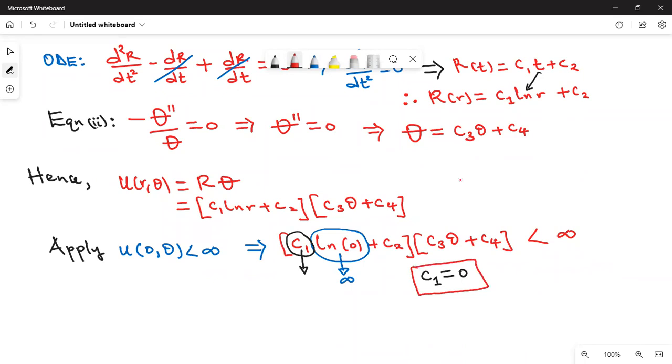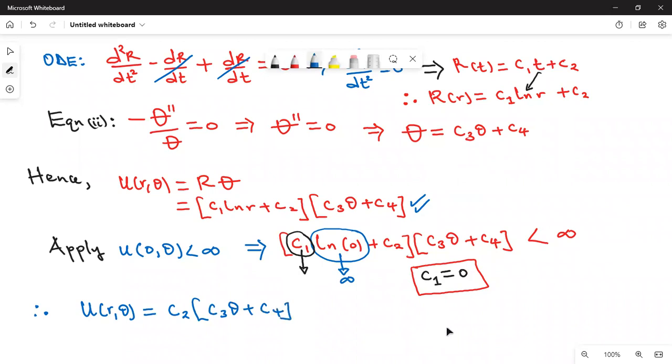So therefore, if we now replace it here, what will we get? Our u of r, theta is equal to, now it is C2, because C1 is 0, C2 times C3 theta plus C4.